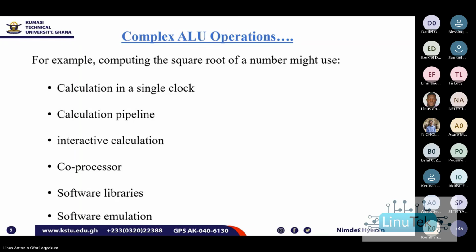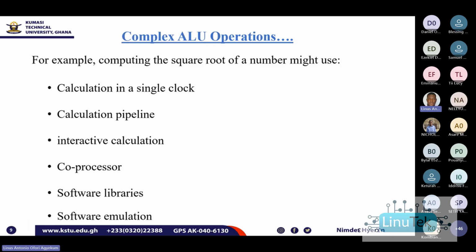One, simple calculations in a single clock. Two, calculation pipeline, where you have calculations being performed concurrently. Then we have interactive calculations where, as calculations are ongoing, there will be the need to feed it with an input midway through the calculation.